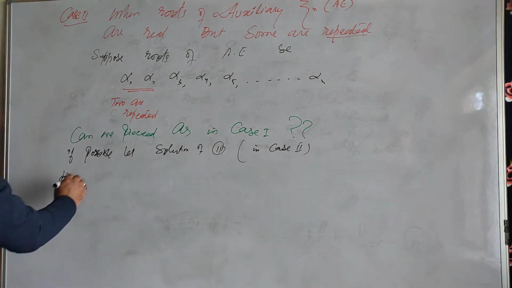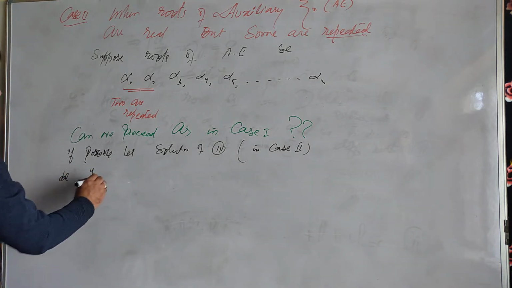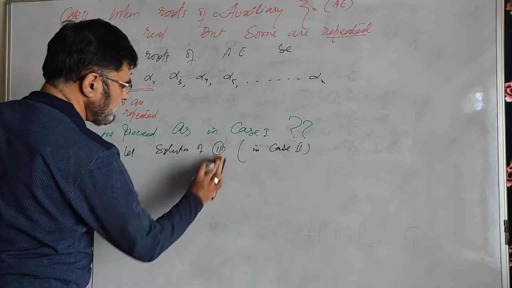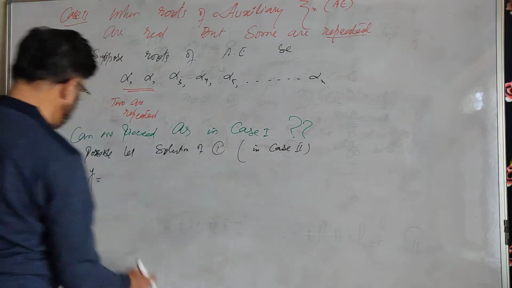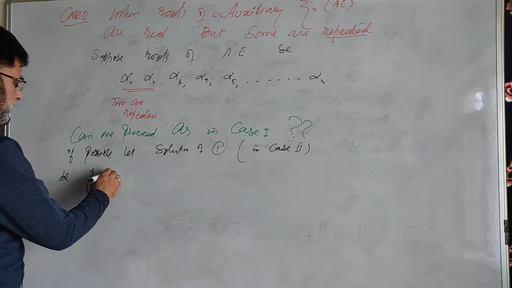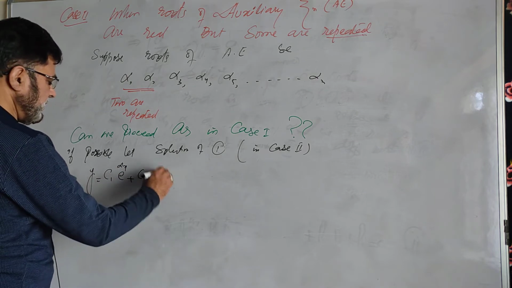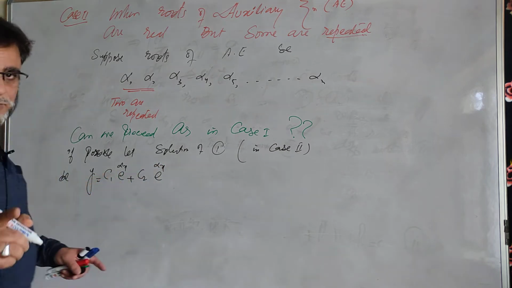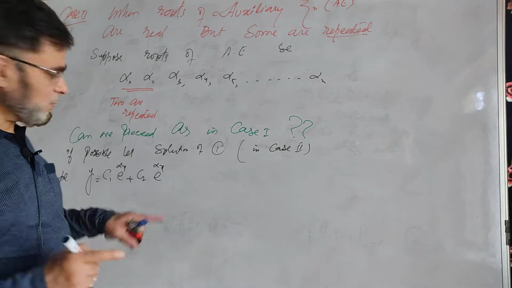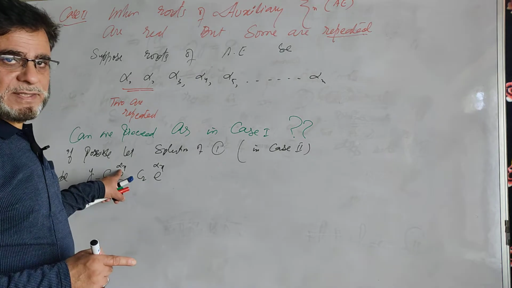The general solution of the equation: the solution of the first is y is equal to c1 e raised to the power alpha x, then plus c2 e raised to the power alpha x, because instead of alpha 1 and alpha 2 you have this alpha 1 and this alpha 2.